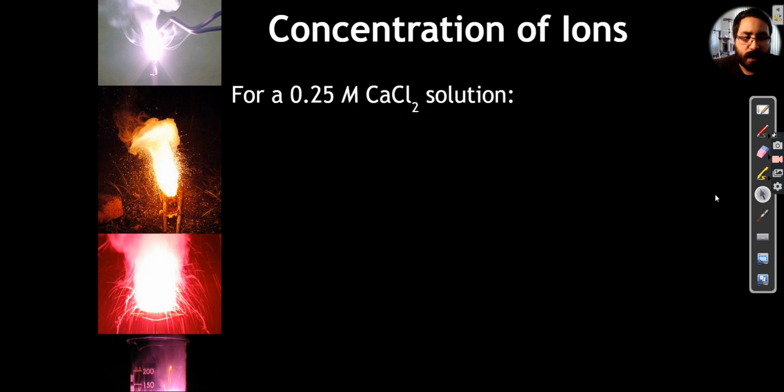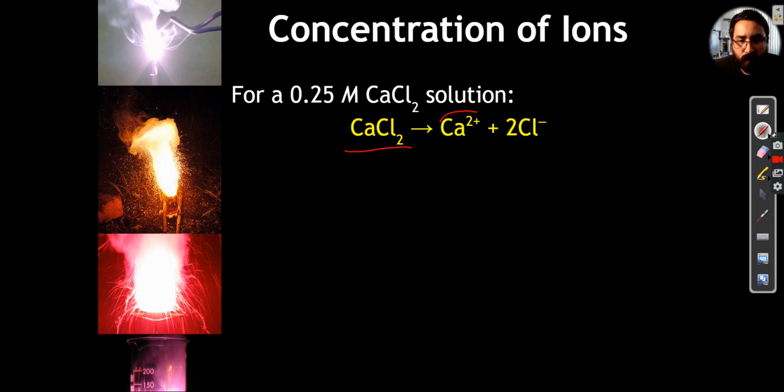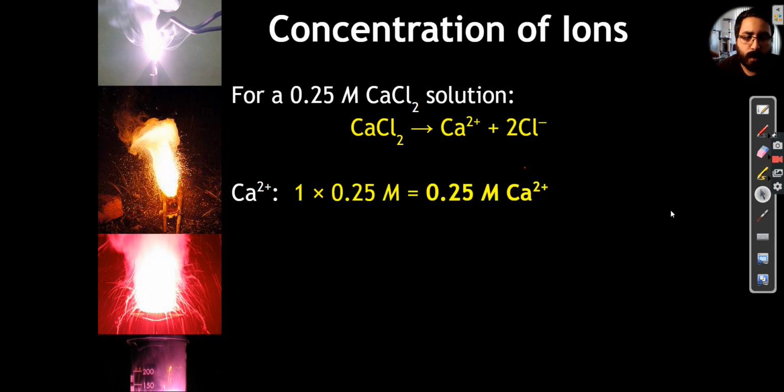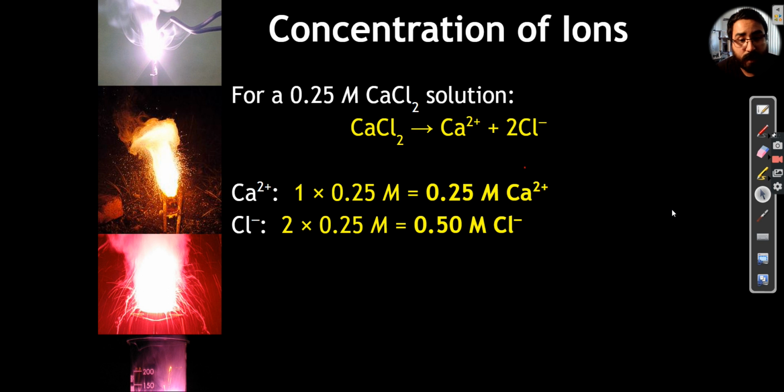Look, 1 calcium chloride is made of 1 calcium cation and 2 chloride anions. For every one of these, there are 2 of those. So the concentration of Cl is going to be twice as much, and the calcium concentration is going to be equal to the CaCl2 concentration. That's something to keep in mind.